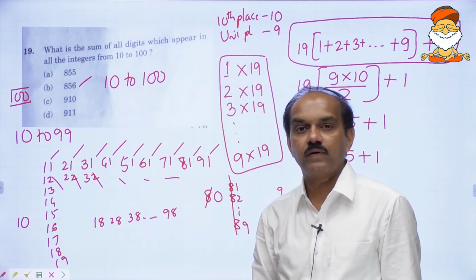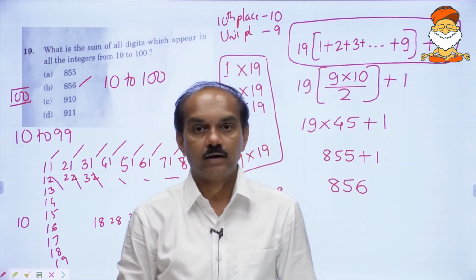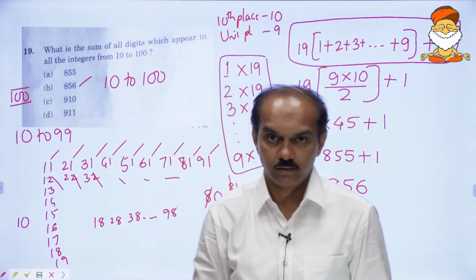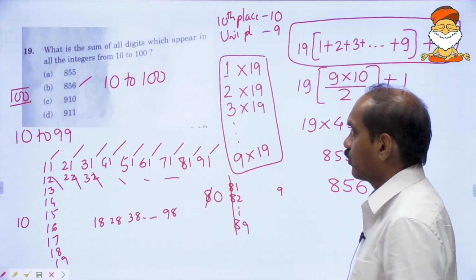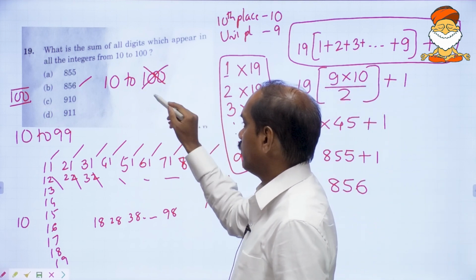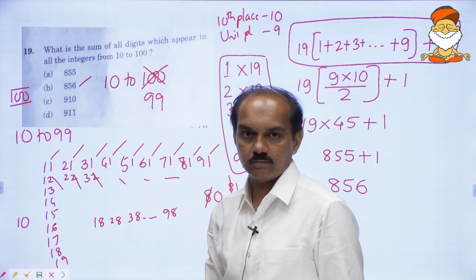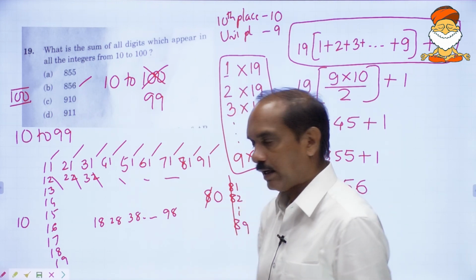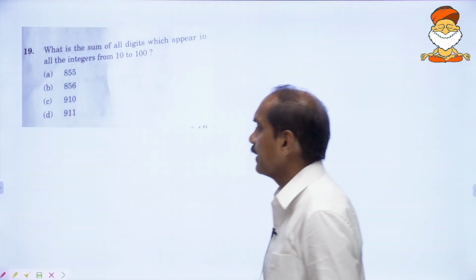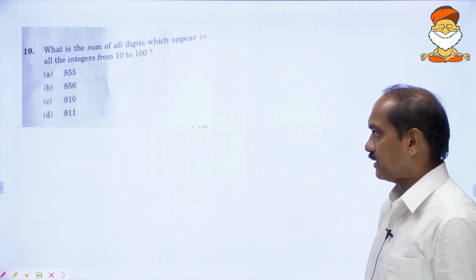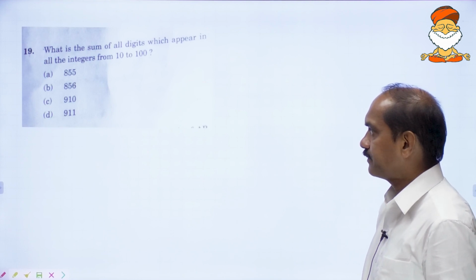Each and every digit is appearing 19 times. That is the key point here to be noted. And forget this and make it 99, 10 to 99. After that, 1 you can add in the end. So the final answer is second option, 856.